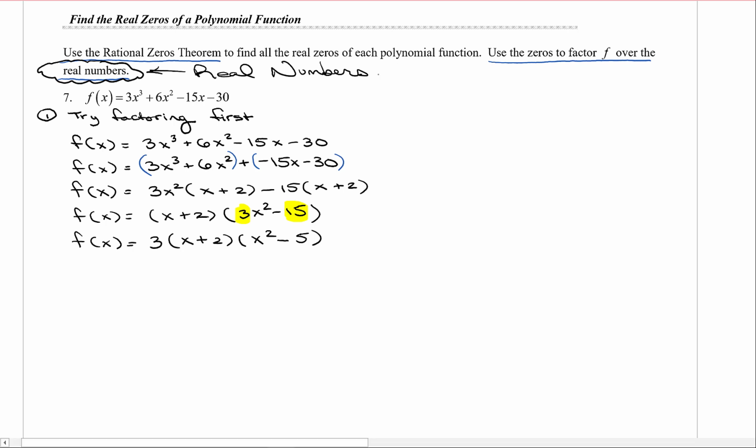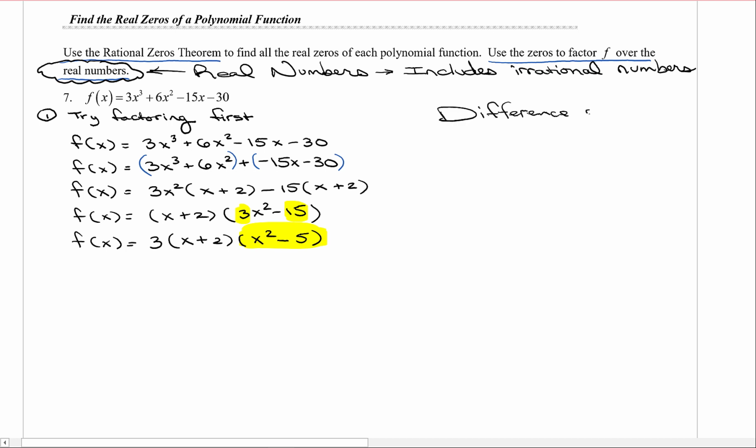So that 5, normally when we learned to factor, we would have said, oh, I can't factor that anymore, because that might have been the difference of 2 perfect squares, if 5 had been a perfect square. But now, guess what? Now we can actually pretend like that 5 is a perfect square. And we can actually factor this.